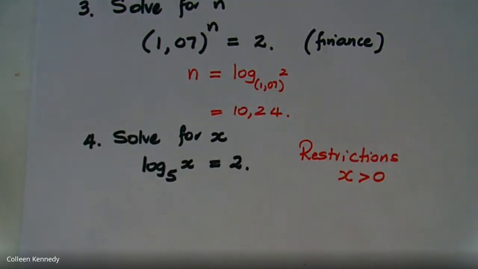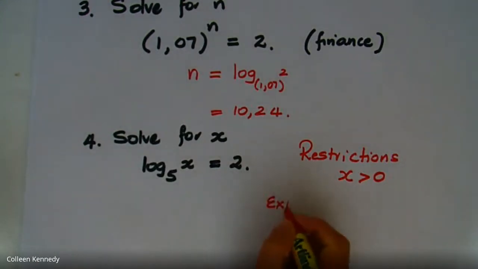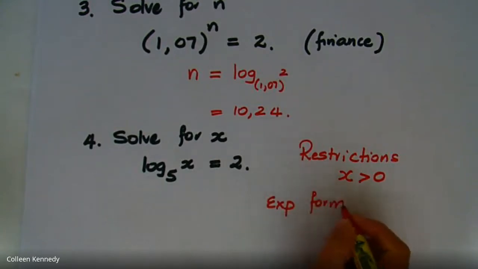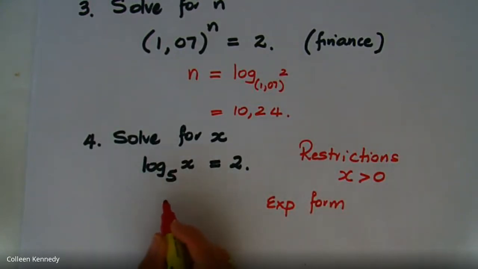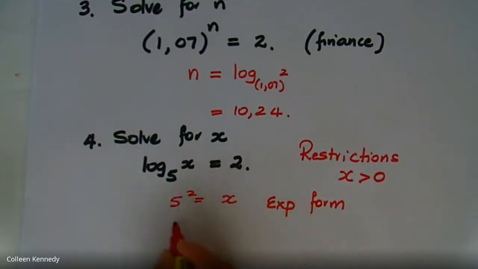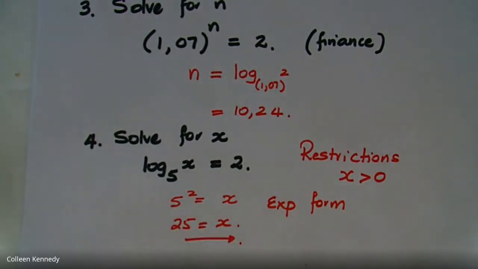So we're going to have to remember that at all stages, that in log equations, there are restrictions if you're finding the number or the base. But we're still going to take it straight out of log form and put it into exponential form. And it would become 5 squared equals x. And you know it satisfies my restriction, and it's simple. So not difficult at all.